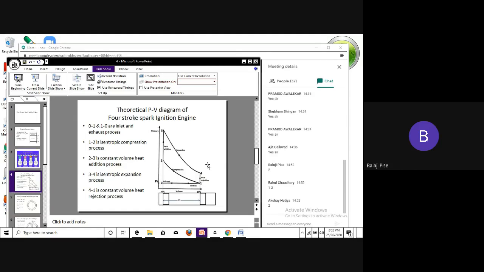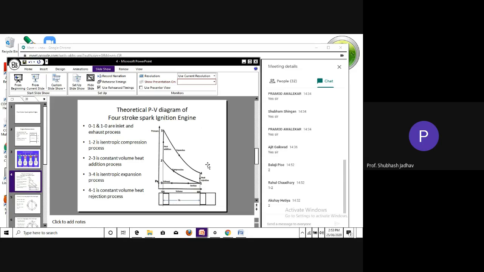Correct. That time the spark plug is ignited, then a high pressure condition is produced. Okay, very good. Then we get the power stroke. Correct. After combustion, we get the power stroke. Okay. So theoretically, very good.